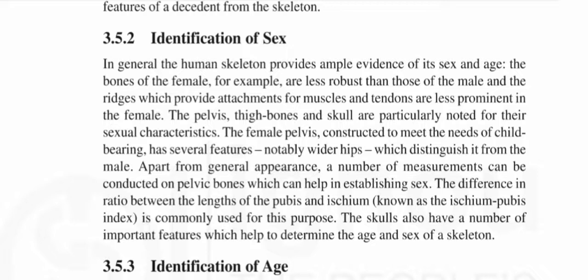Apart from general appearance, a number of measurements can be conducted on pelvic bones, which can help in establishing sex. The difference in ratio between the length of the pubis and ischium, known as the ischium pubis index, is commonly used for this purpose. The skulls also have a number of important features which help to determine the age and sex of a skeleton.